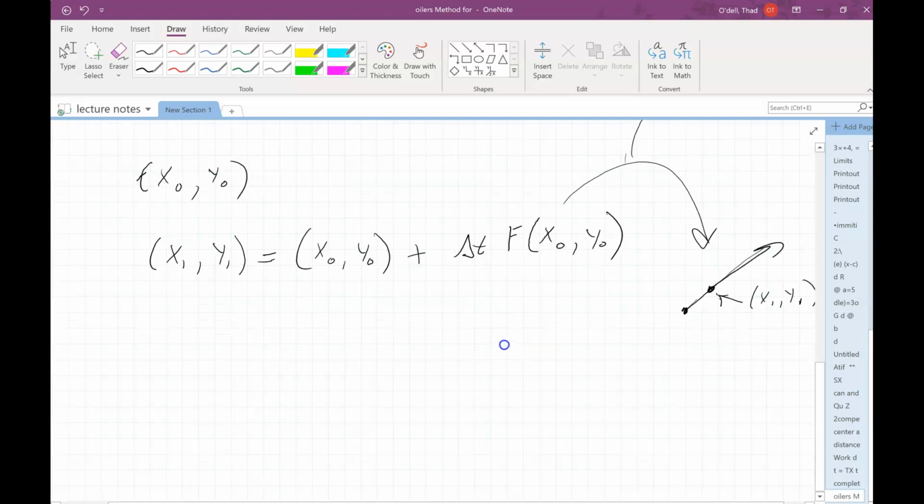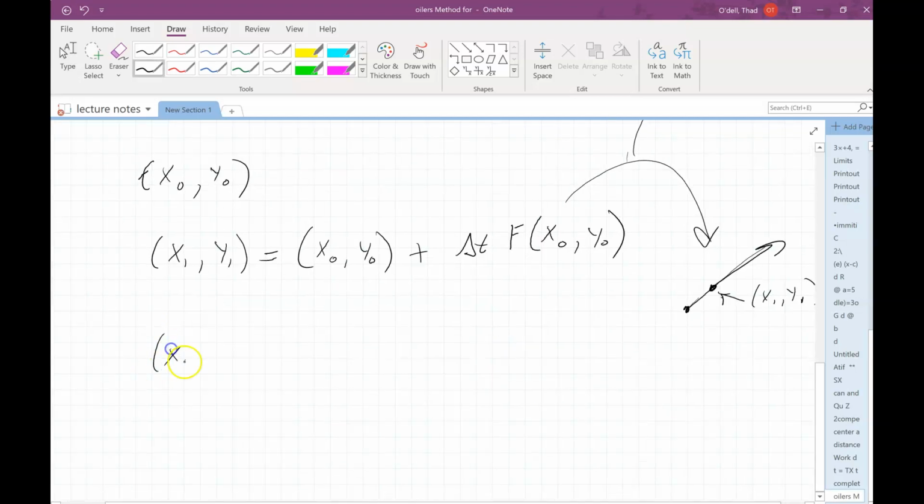And of course, you do the same thing with x sub 2. So x sub 2, y sub 2 is going to be equal to x sub 1 comma y sub 1 plus the change in t times F evaluated at x sub 1 comma y sub 1. Of course, we keep doing that. So that's the notation.